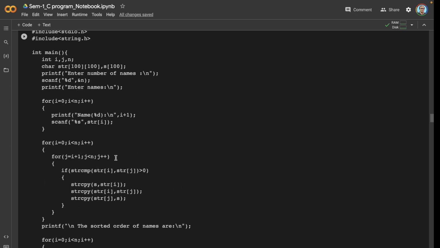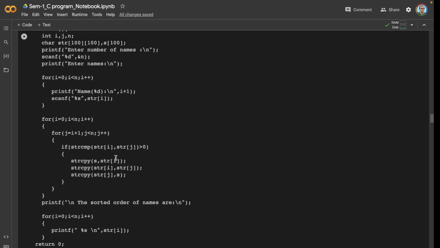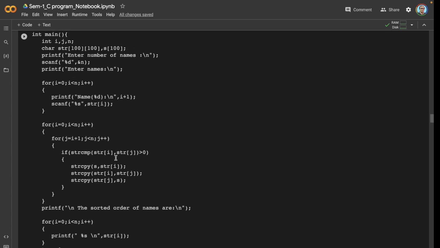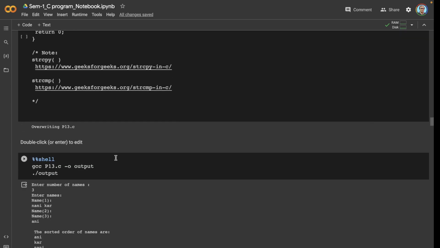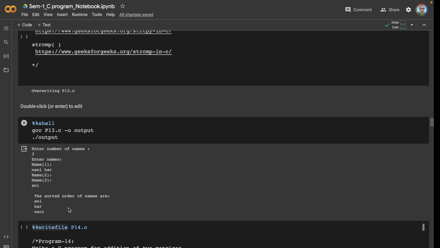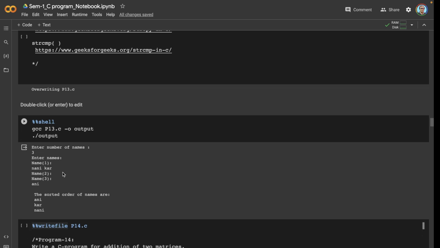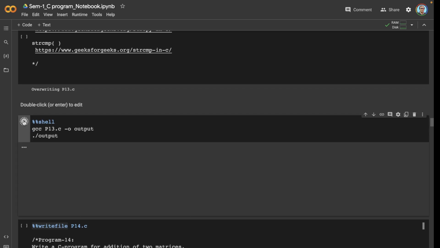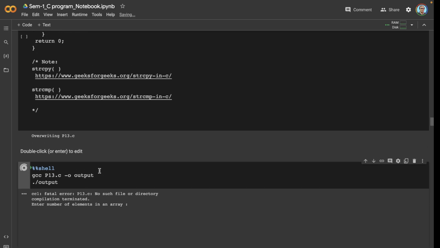So this is a difficult problem for semester 1. Here we enter three names: name 1, name 2 and name 3. Let's run this program. Compile this, sorry, there is a fatal error, no such file or directory.